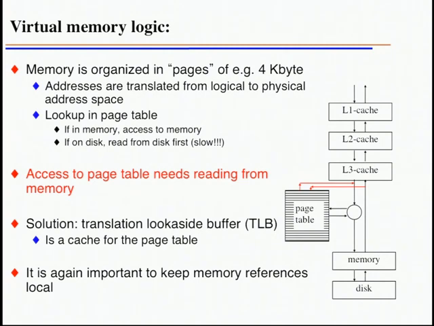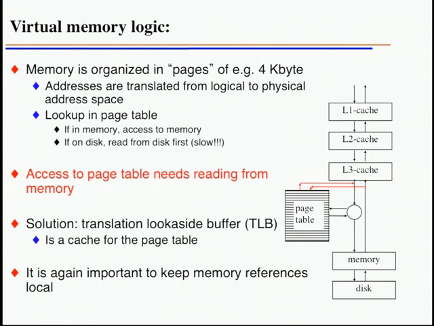So how is this virtual memory implemented? Well, you organize your address space, so your physical address space, the real memory you have, into so-called pages. That might be 4 kilobytes or a few megabytes on more recent systems.